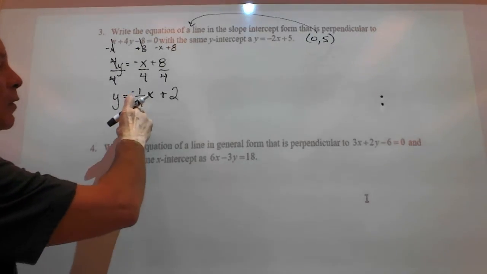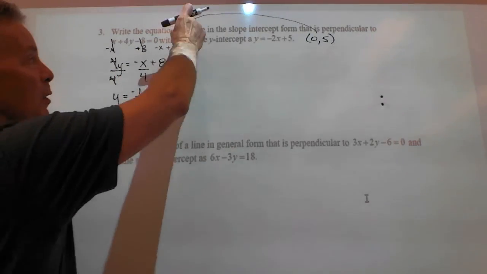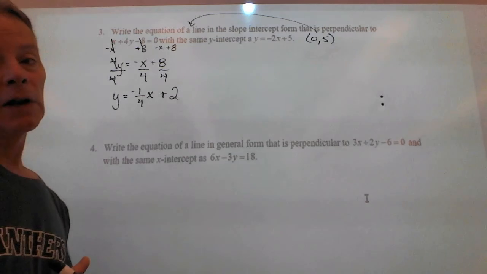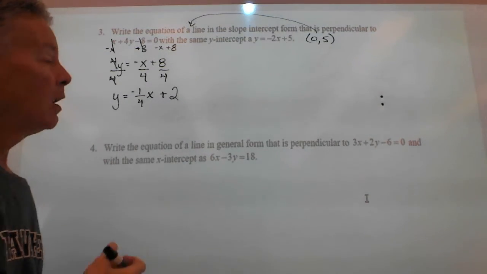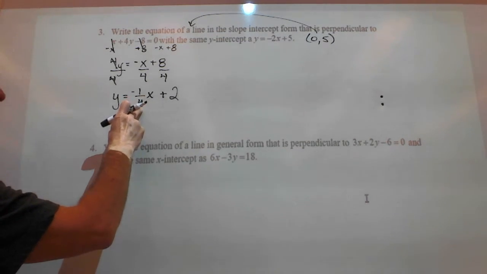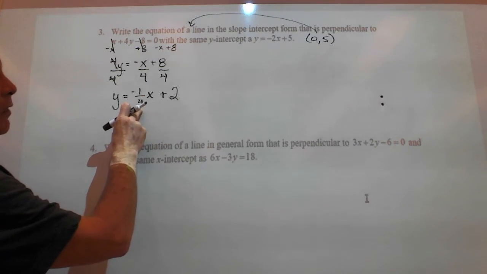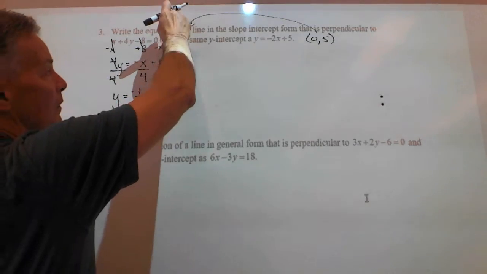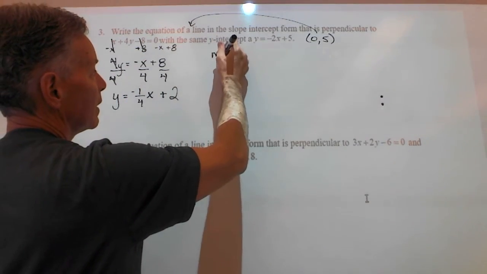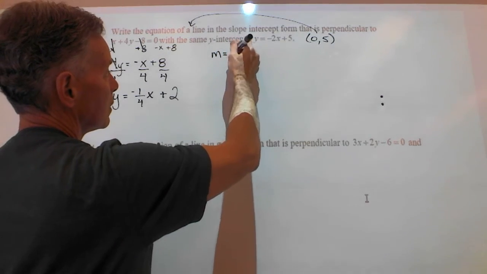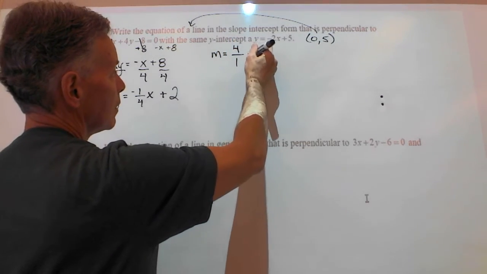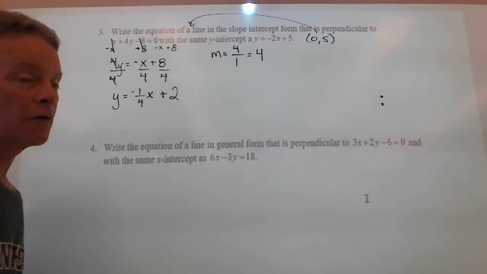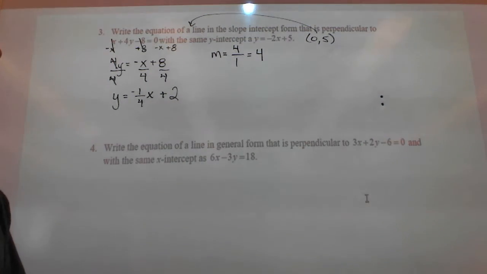We also know this line is perpendicular to our mystery line. So, if the slope of this line is negative 1/4, the slope of our mystery line will be the negative reciprocal, 4/1, or more simply, just 4. Okay?